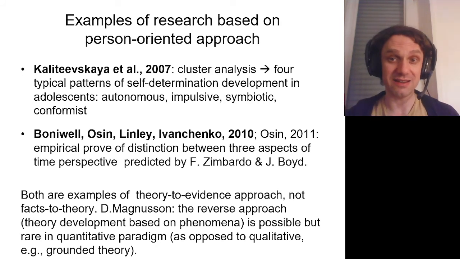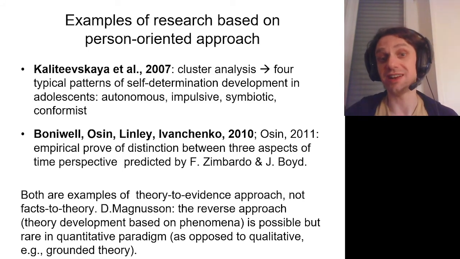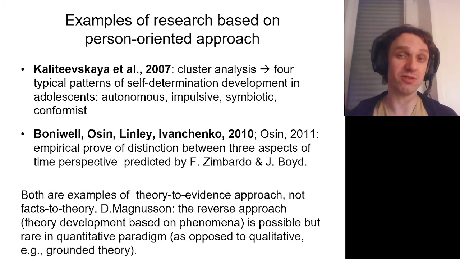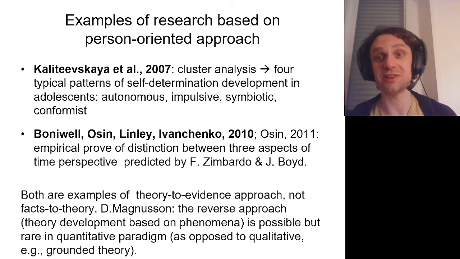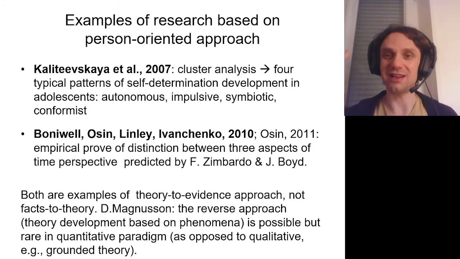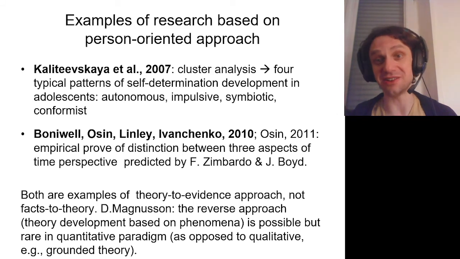And in doing this person-oriented analysis, you can go in two directions. Either you might have some kind of theoretical expectation about the profiles that are supposed to emerge, and you might try to look for them specifically, or you might just investigate those empirical profiles and then use them to derive some kind of theory.